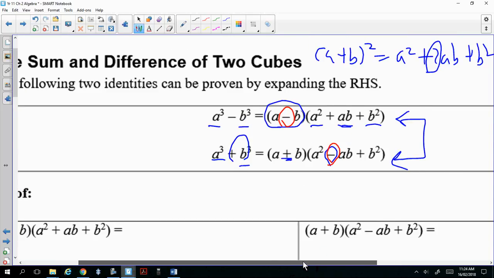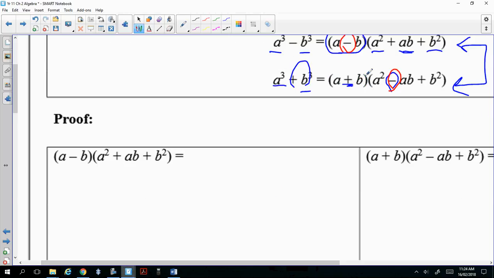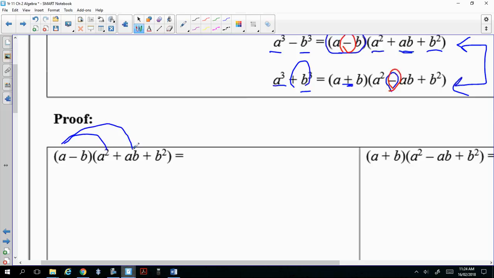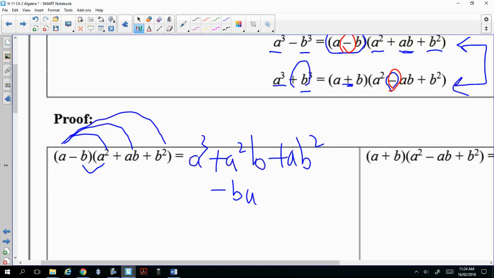To find out where they get the formula is to expand the right side. So let's try expanding the right side. If I expand it, hopefully I get difference of two cubes. If I expand this, I get a cubed plus a squared b plus ab squared. Then you do minus b times a squared, which is negative ba squared, negative ab squared, and then minus b cubed.